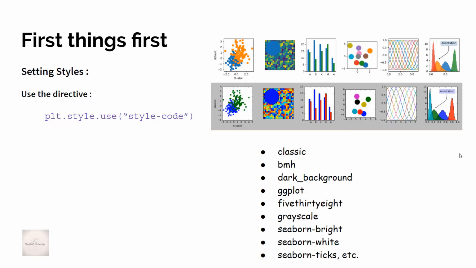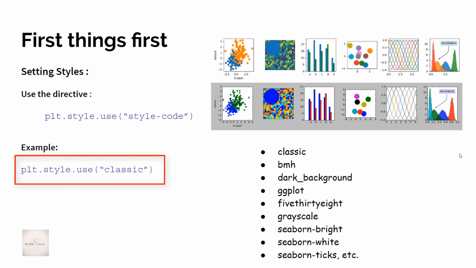Now here let's set this classic style, which ensures that the plots we create use the classic Matplotlib style. So how do we set this style? Very easy. You have to just mention it this way, plt.style.use('classic'). Got it?